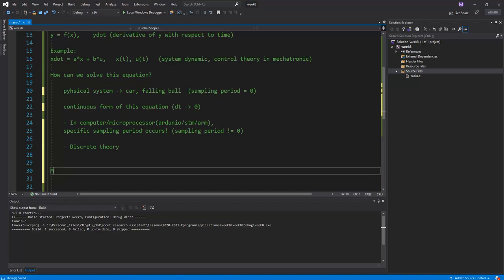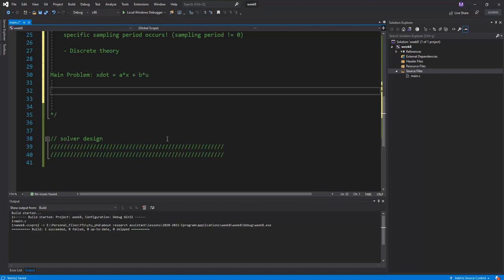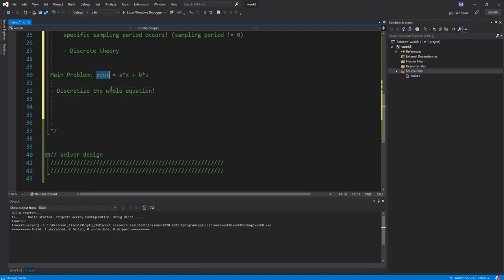The main problem in this class is x dot equal to what? A x plus b times u. Okay, and so firstly we need to discretize the whole equation. Like this one, x dot can be discretized or iterated with the usage of the forward difference equation.